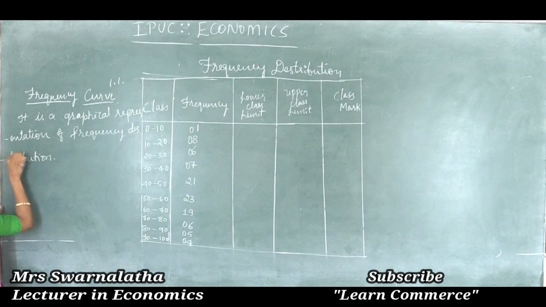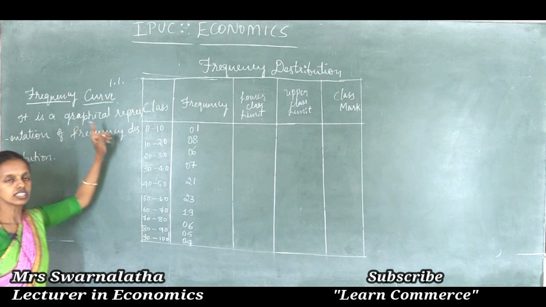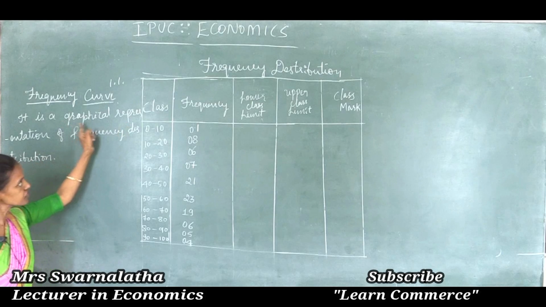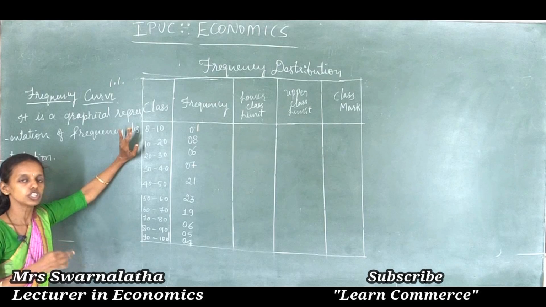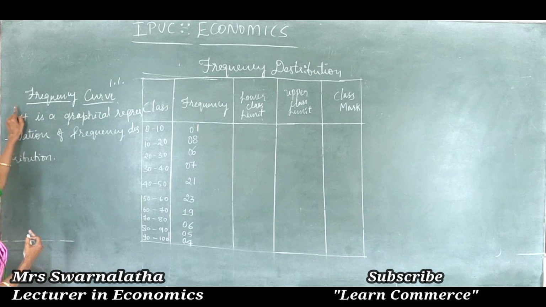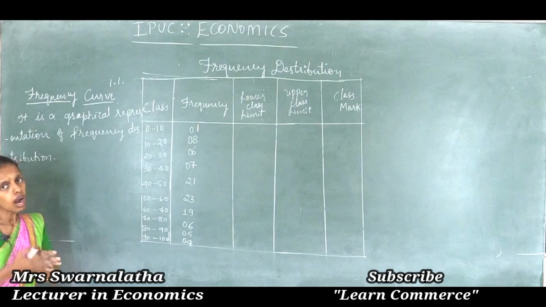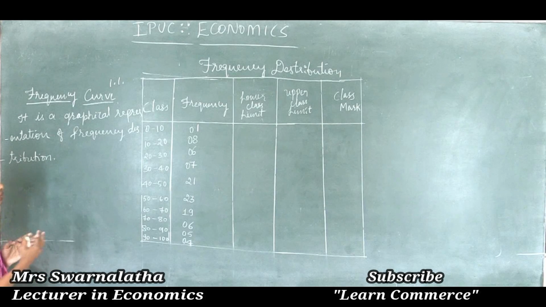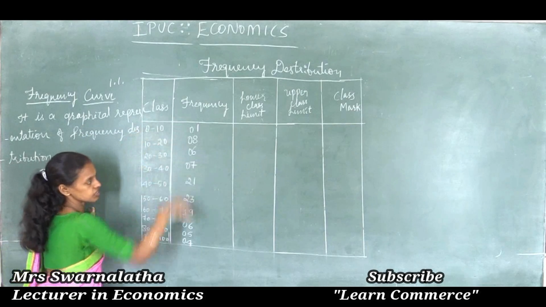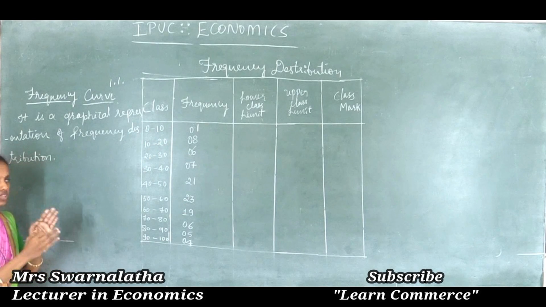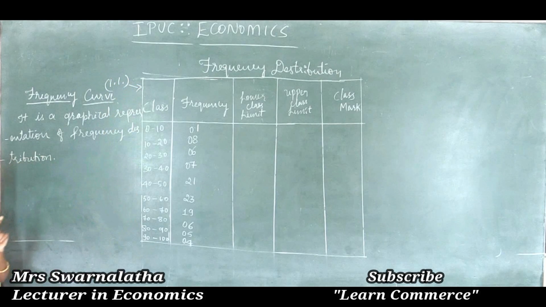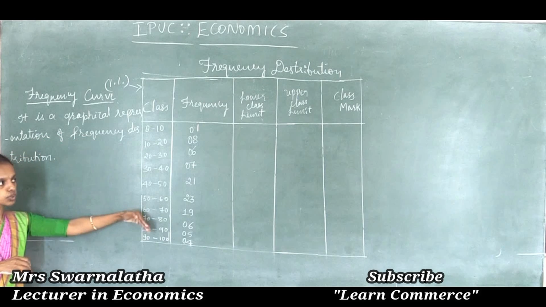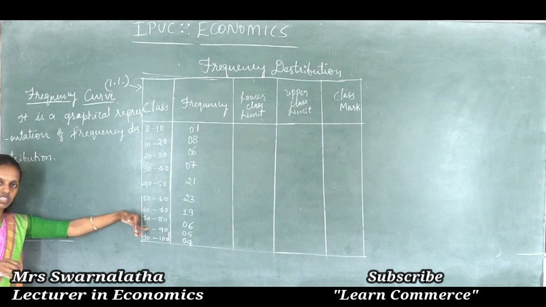While representing the frequencies with the class intervals through a graph, it is said to be the frequency curve. How are we going to obtain the frequency curve from the class intervals and frequencies? You can see table 1.1 here as an example. While plotting these numbers on the graph, we derive the frequency curve.